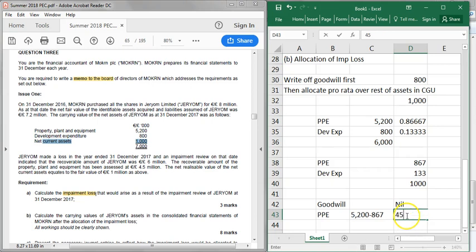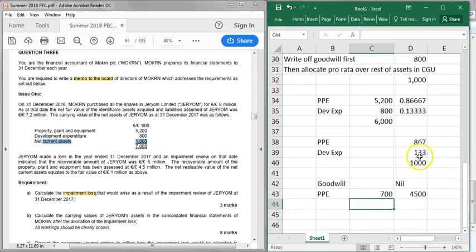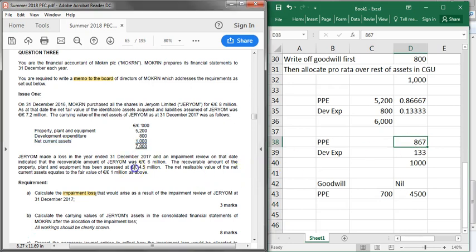So the max you can write down there is down to 4.5 million. So actually the allocation you're going to give there is limited to 700. You tried to give 867, which would have been fine, only for this piece of information. You cannot write it down more than its individual recoverable amount. So if you're ever given that in the question, it's there for a reason.